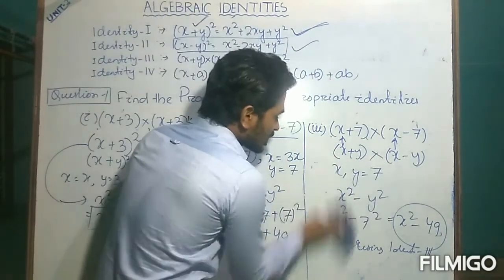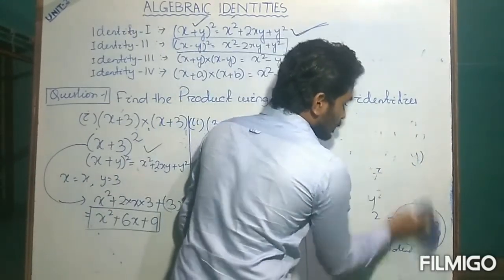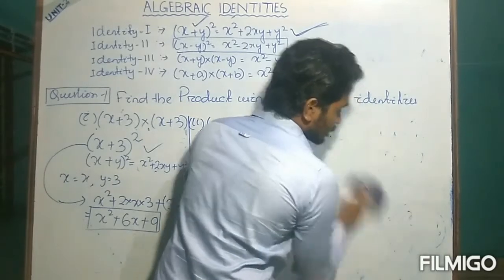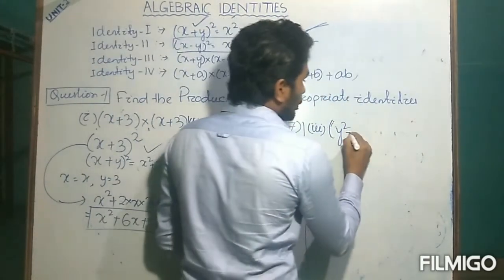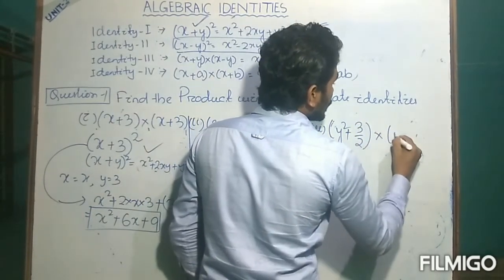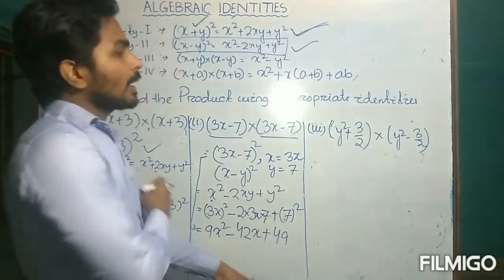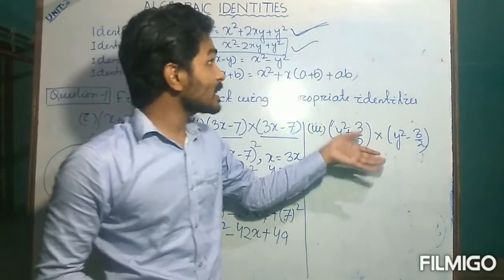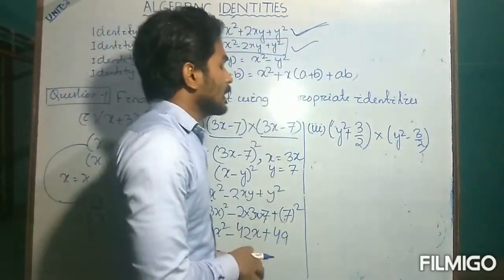Let us discuss another question of this identity. Suppose we have the question (y square plus 3 by 2) whole into (y square minus 3 by 2). Okay. Now we have to find whether this formula resembles any one formula of these identities.